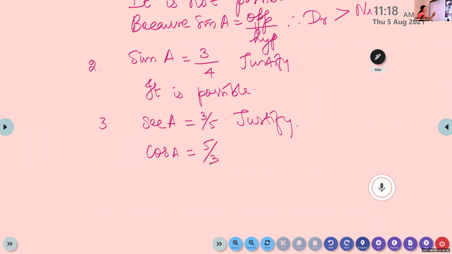But what is the definition? Opposite by hypotenuse. Is it possible? No, isn't it? Hypotenuse is the longest one. Here we have the numerator as the greater one. Therefore, this is impossible.